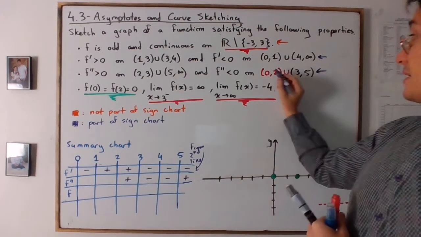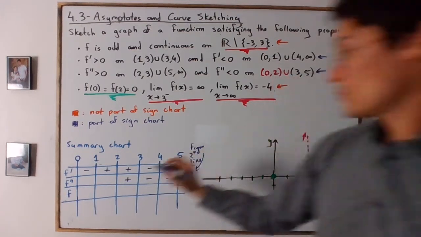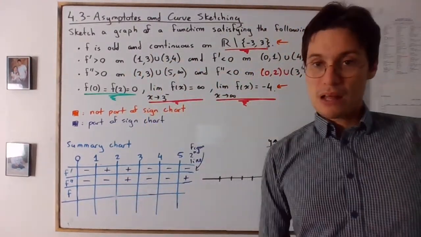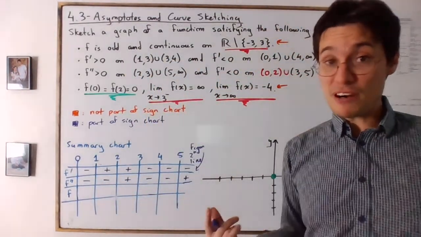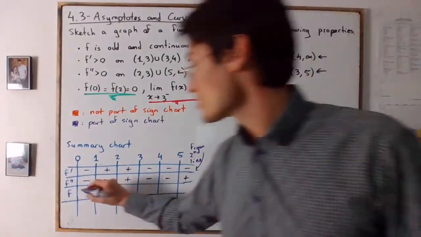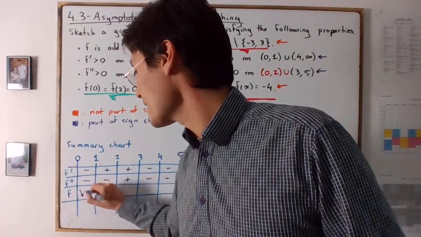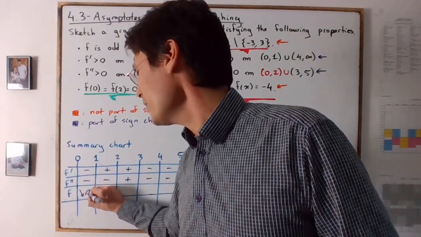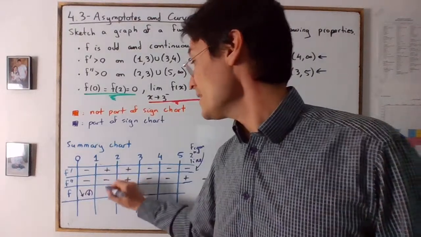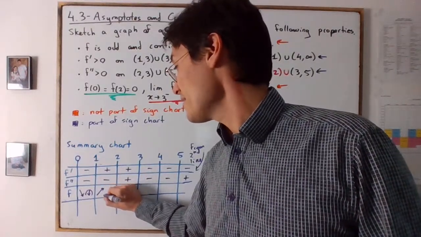So here we know that the second derivative is negative. Now, what does it mean in terms of the function? Well, you just combine the two pieces of information. So in this case, it's going to be decreasing and concave down. Then it's going to be increasing concave down.